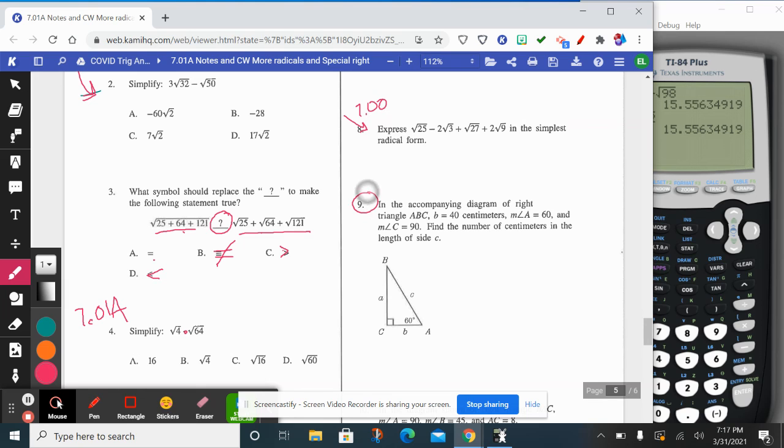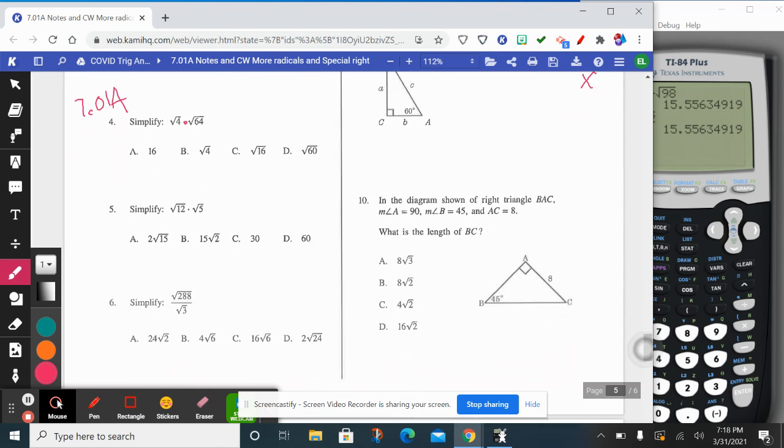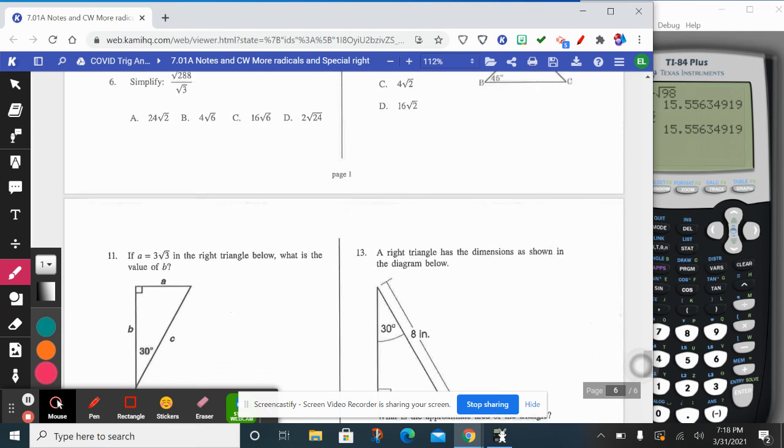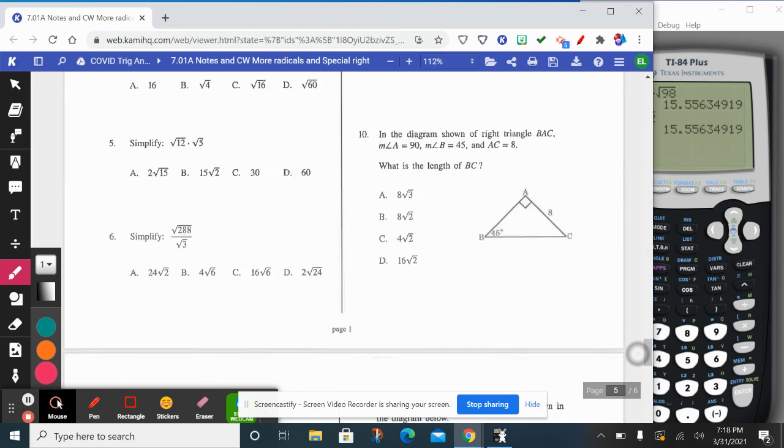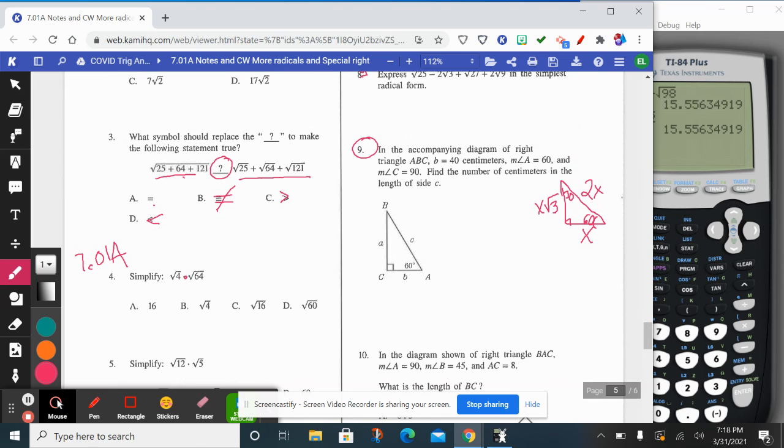Number 9 is your special right triangles, 30, 60, 90. Okay, so again, across from 30 is side x. Across from the 60-degree angle is x square roots of 3. Across from 90 is a measure of twice that x value. 10, you can look back to our notes. 11, 12, and 13 are all special right triangles. So the new stuff we just did on 7.01 is 9 through 12.